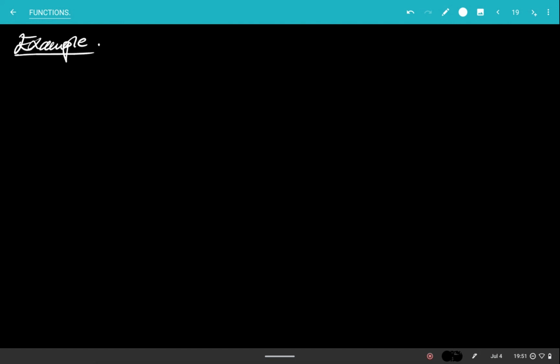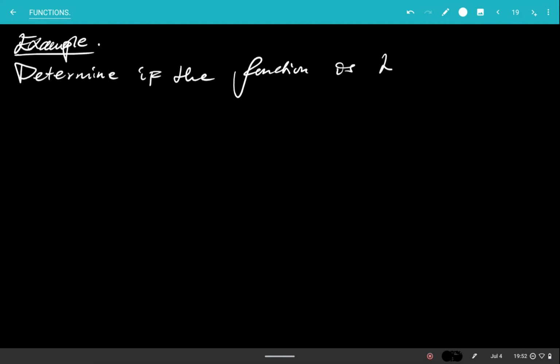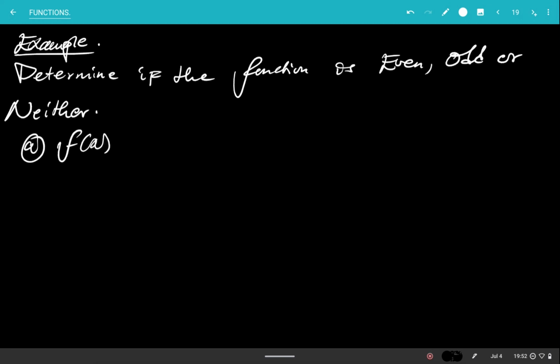Let's say we have a question that says determine if the function is even, odd, or neither. Say we have a function, a, f of x being equal to 2x to the power 4 minus 4x plus 5.